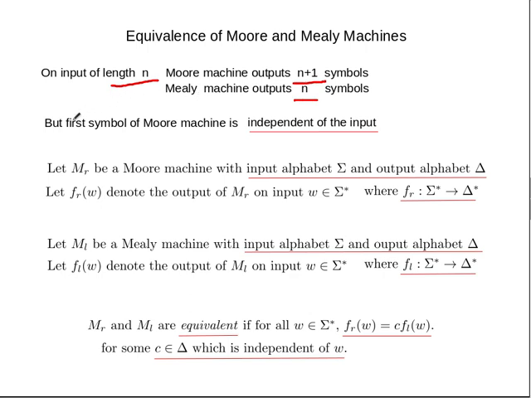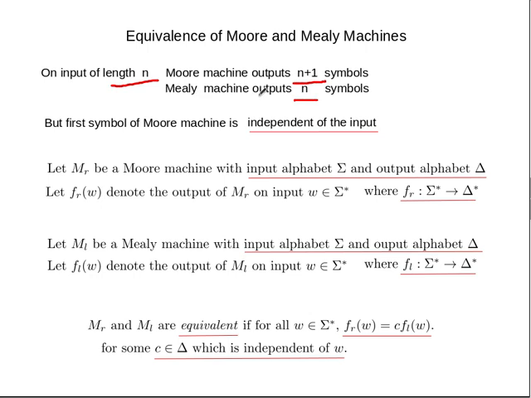But the point is, the first symbol in a Moore machine, as we said, is independent of the input. It's some symbol which it just emits even before looking into the input. So we can disregard that. You just ignore the first symbol emitted by the Moore machine, consider the rest of the n output symbols, and compare that with the n output symbols of a Mealy machine.